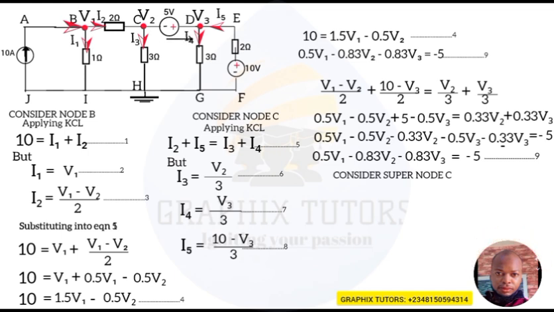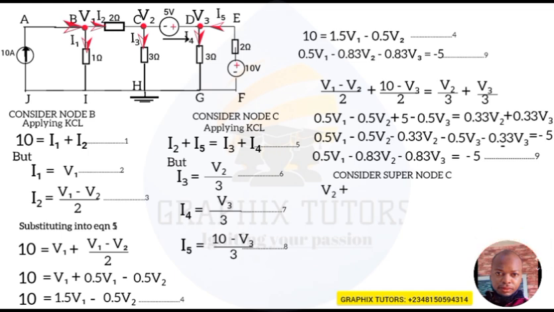Why? Because current flows from a lower potential to a higher potential. Current moves from the negative terminal to the positive terminal, right? So if we are moving from supernode C to D, it will be from where the current is flowing from, which is V2, right?